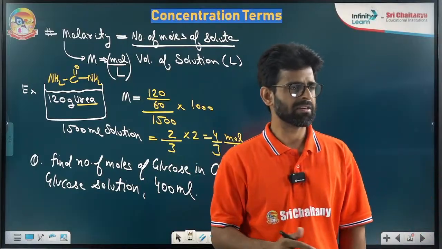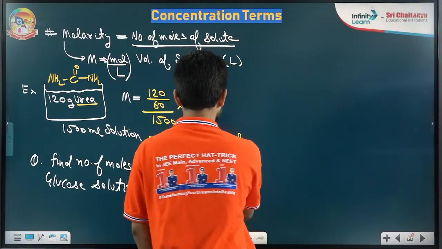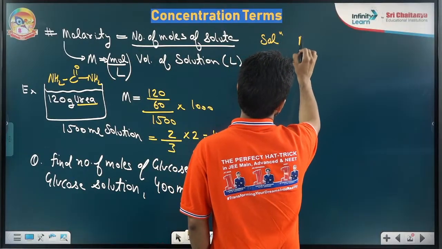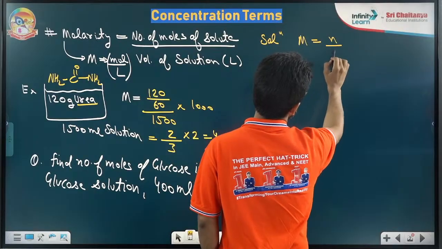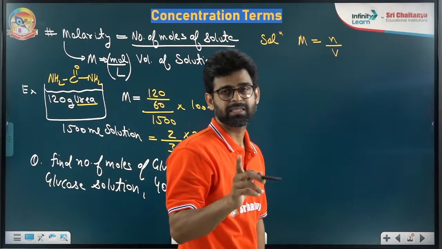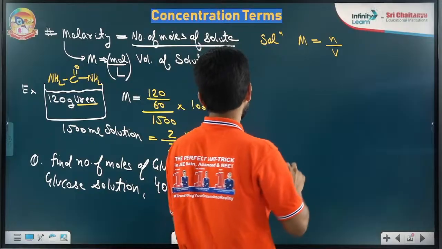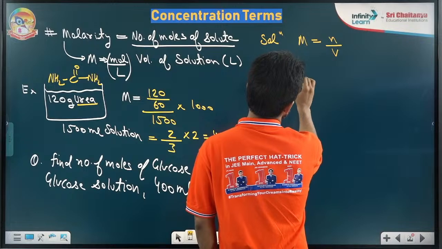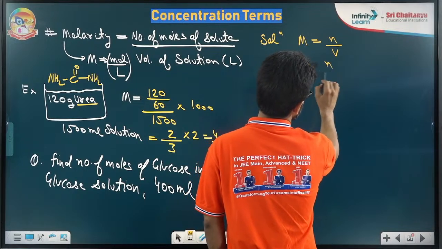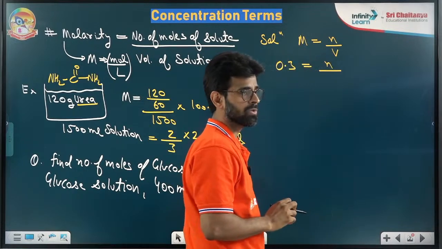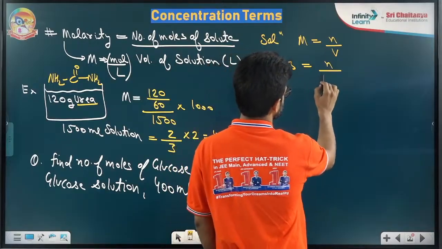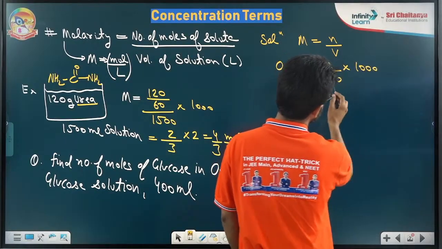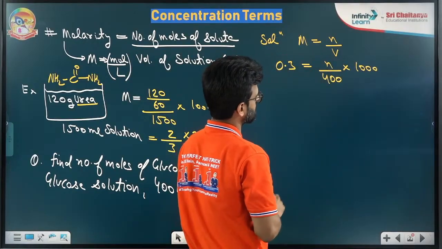Reverse way. They have given the molarity. We have the molarity formula, n by V. Be careful, V in liter. Don't make a mistake. Molarity they gave is 0.3 molar. I want to find the number of moles of solute, that is glucose. The volume they gave is 400 ml, and to make this ml into liter, I divide by 1000.